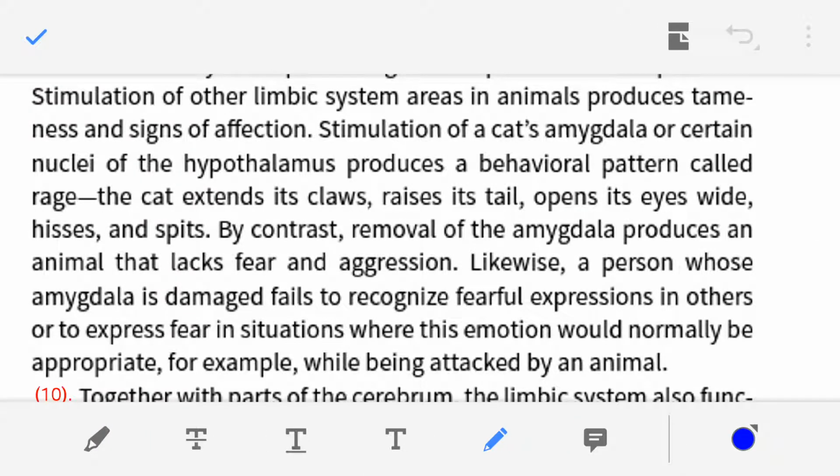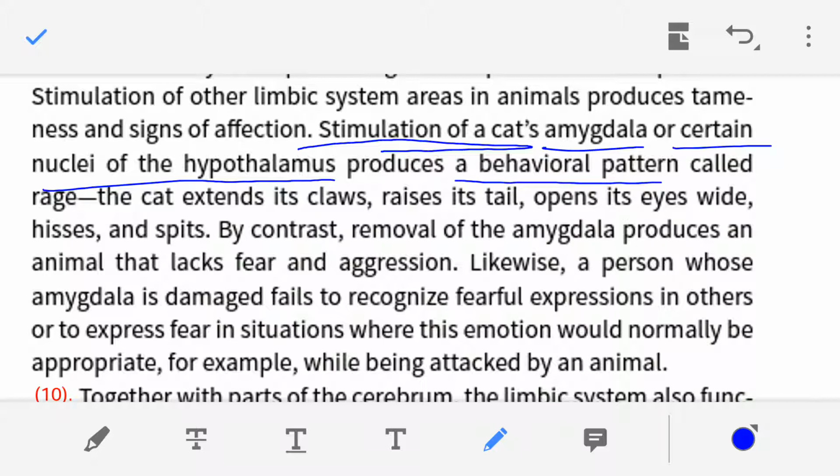See, stimulation of a cat's amygdala or certain nuclei of the hypothalamus. When the amygdala or hypothalamus of a cat was stimulated, the cat produced a behavioral pattern, and this behavioral pattern was known as rage.